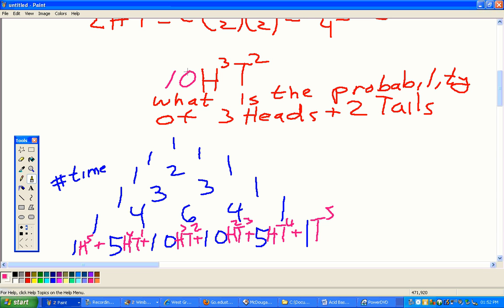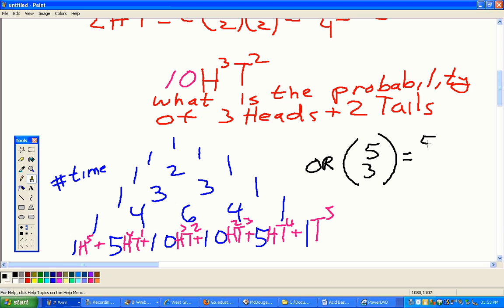Now we also discovered that there was another pattern that tells me this. The pattern we're talking about is the combinations of 5 things taken 3 at a time, and that's what this means. It does not mean 5 divided by 3.